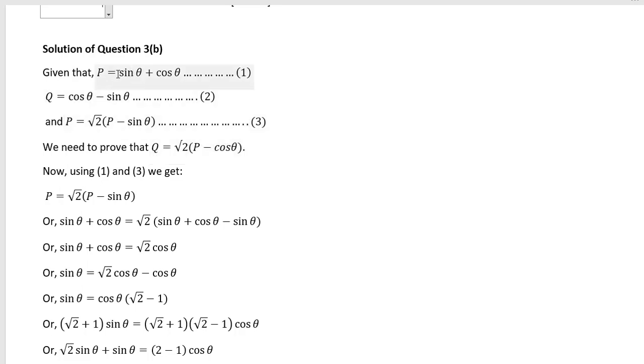Now look at P. If we subtract sin theta from P, it will result only in cos theta. So P minus sin theta means cos theta. So actually we are given that P is equal to root 2 cos theta, and we have to prove that Q is equal to root 2 sin theta, because P minus cos theta is equal to sin theta.